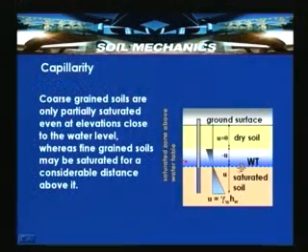Here, in this diagram, the groundwater table is shown, and this is the zone where complete saturation prevails because of the capillarity phenomenon, and this is the zone of sandy soil, the dry soil.